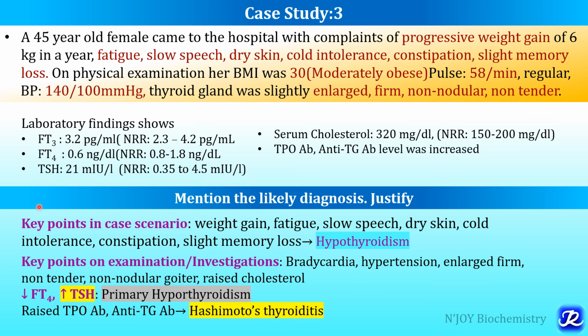Bradycardia, there is hypertension, enlarged, firm, non-tender, non-nodular goiter, there is raised cholesterol, free T4 level is decreased and TSH level is increased, means it is a primary hypothyroidism, and there is also raised thyroid peroxidase antibody and anti-TG antibody, which is suggestive of Hashimoto's thyroiditis. So this is the condition of primary hypothyroidism and the cause is Hashimoto's thyroiditis.